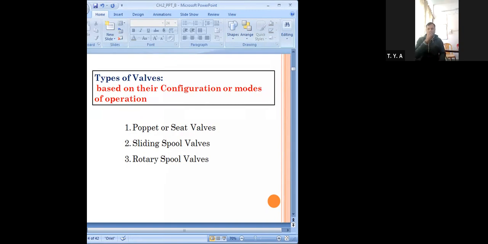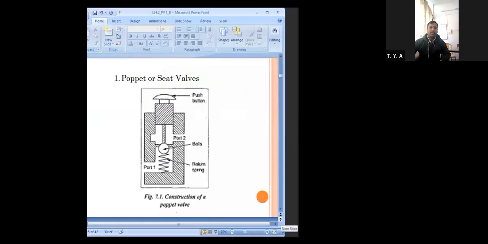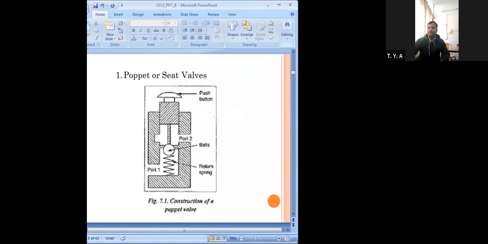Before going to direction control valve, pressure control valve, flow control valve, firstly we'll go for these valves based on their configuration. So this is the first, that is the poppet or seat valve.